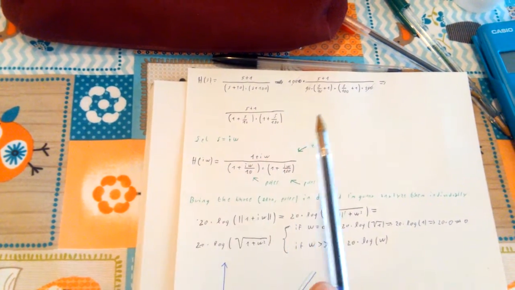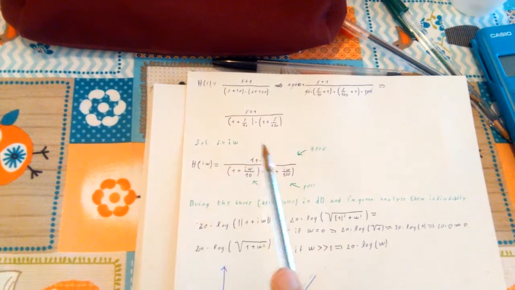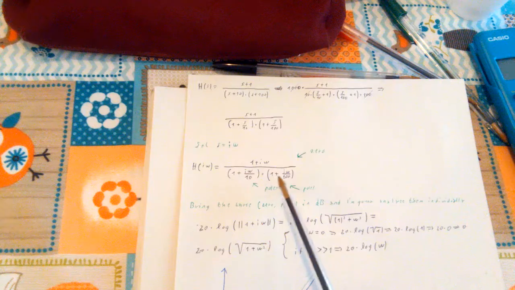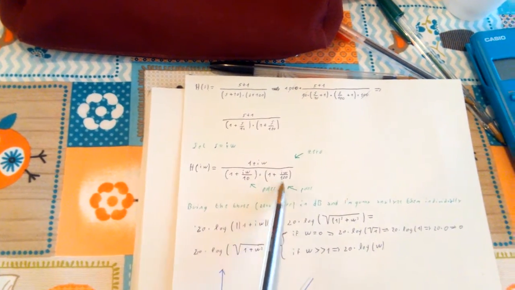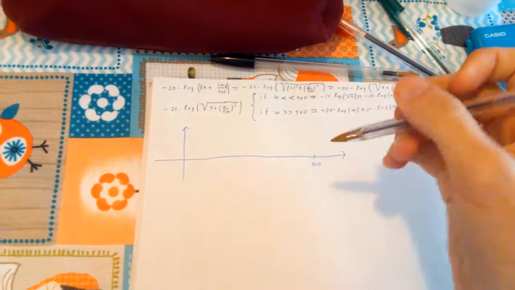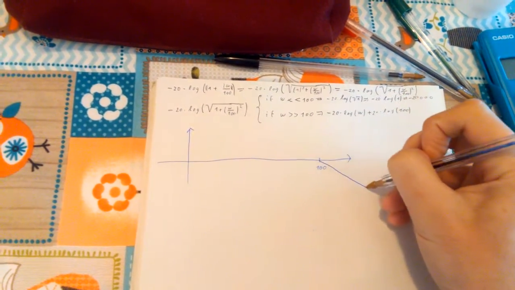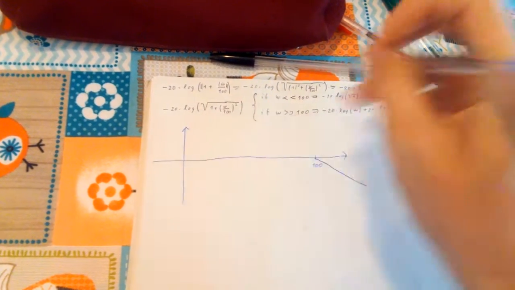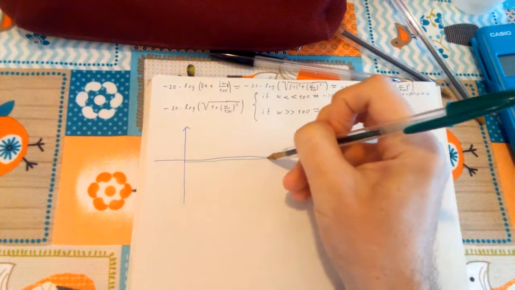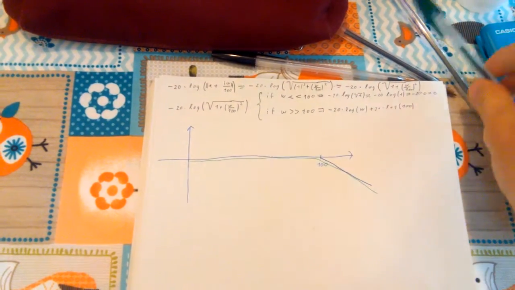So the zeros go up in the numerator, and the poles at the denominator go down. So since this one is a pole, it's going to go down, just like this.